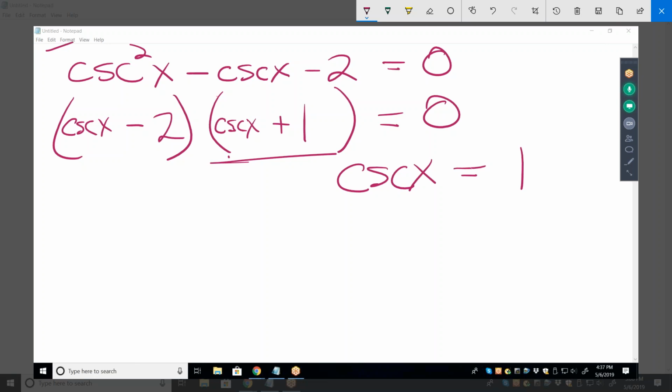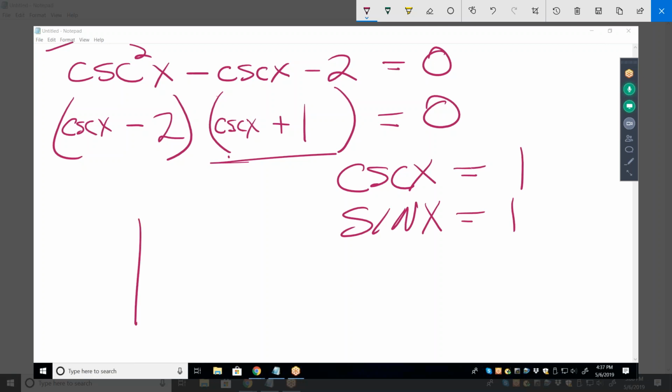What is the reciprocal function of cosecant? Oh, sine. So if the cosecant of x is equal to 1, then the sine of x is equal to 1 also.